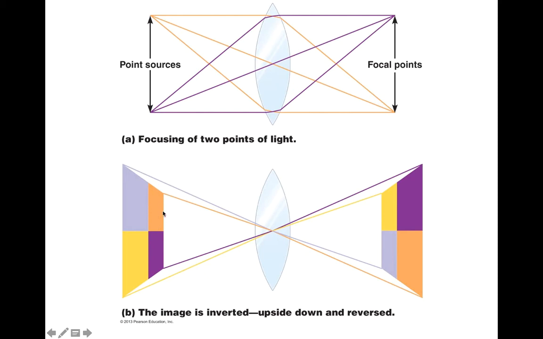Orange was over in this corner and over here it's over here. So it's not only upside down, but it's also reversed left to right. That's why we use so much of our brain to process vision. We have to turn all of this stuff right side up and flip it left to right in terms of the perception.